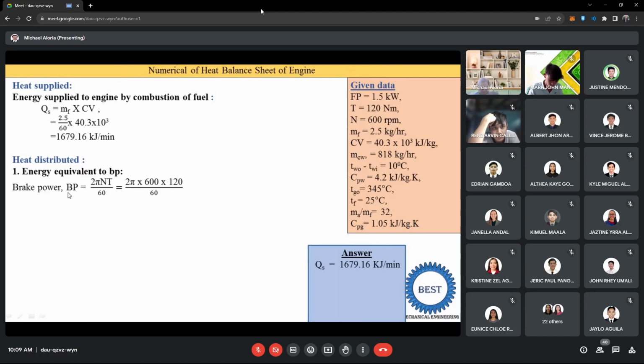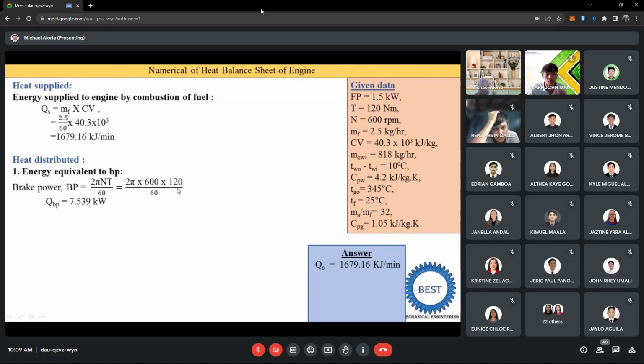Now what is the unit of this brake power? N is in RPS and torque is in newton meters. So the answer is 7.539 kilowatt. Kilowatt means kilojoule per second. Now we multiply by 60, then we get the answer in kilojoule per minute.